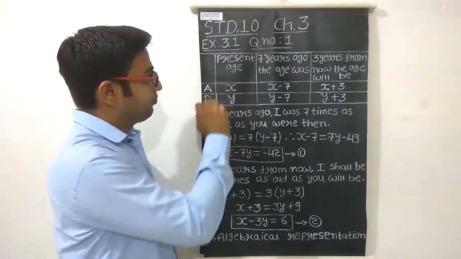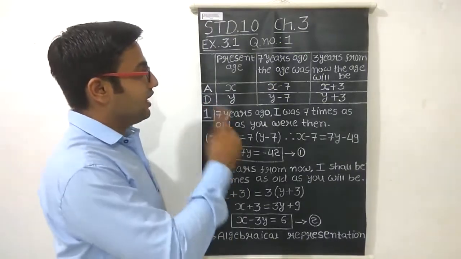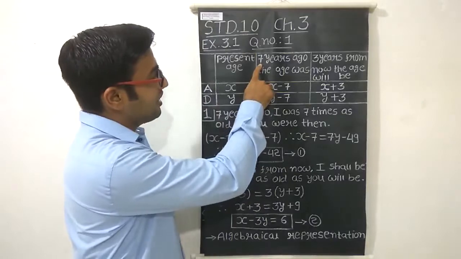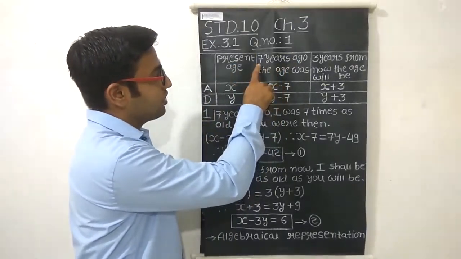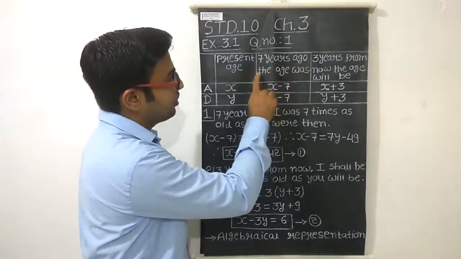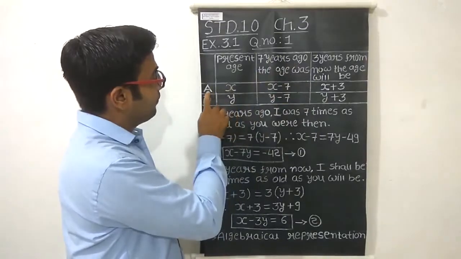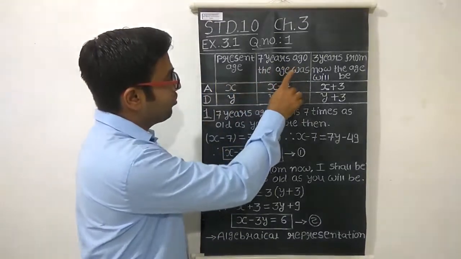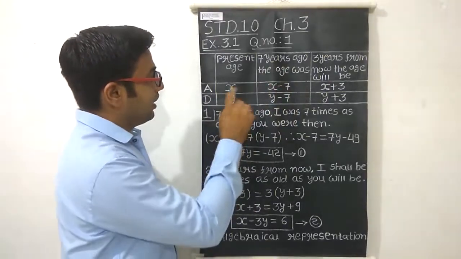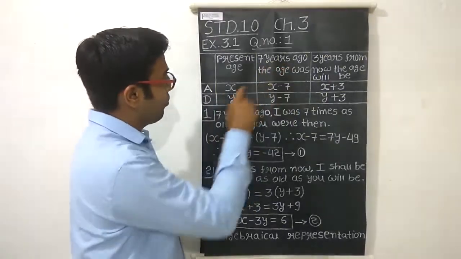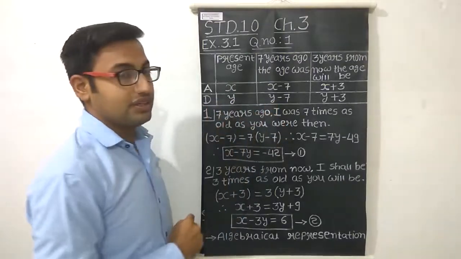Next thing given in the question is the age 7 years ago. What was the age 7 years ago? The age of Aftab 7 years ago was x minus 7, and the daughter's age 7 years ago was y minus 7.